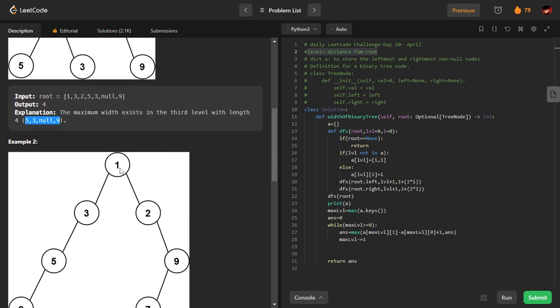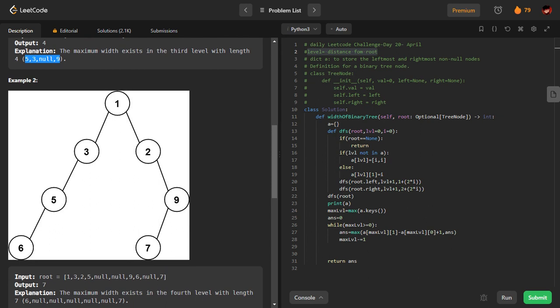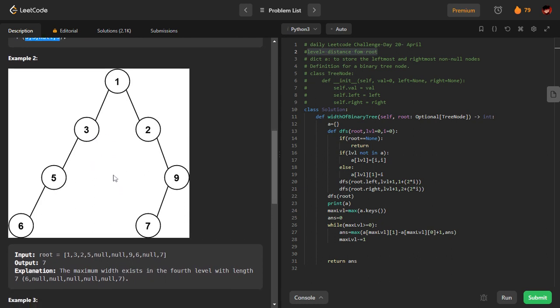Now coming to this example, you have to be very, very clear about what we are doing here, otherwise it will be very difficult for you to understand. We can clearly see that at level 1 the width is 2, and at level 2 the width will be 4. But when we talk about level 3, we have to consider the leftmost and rightmost not null nodes.